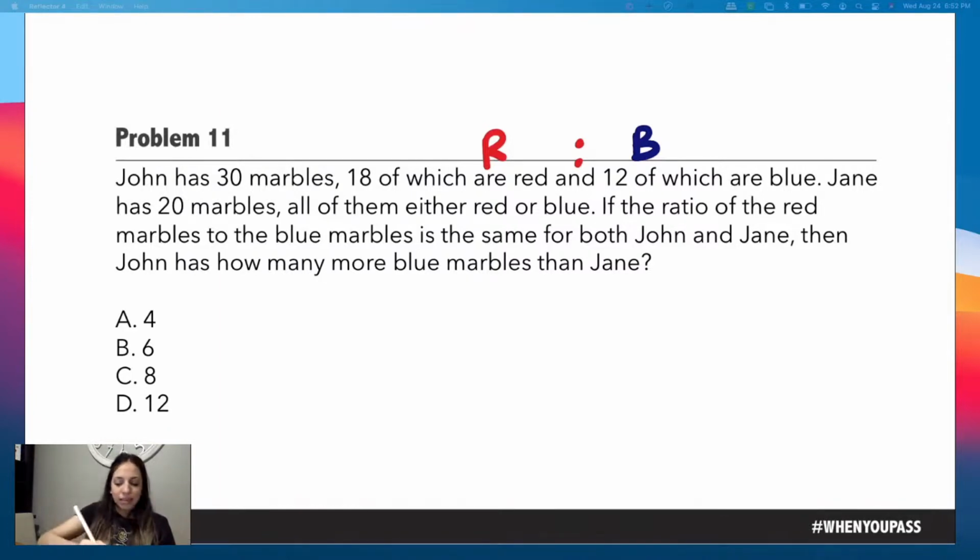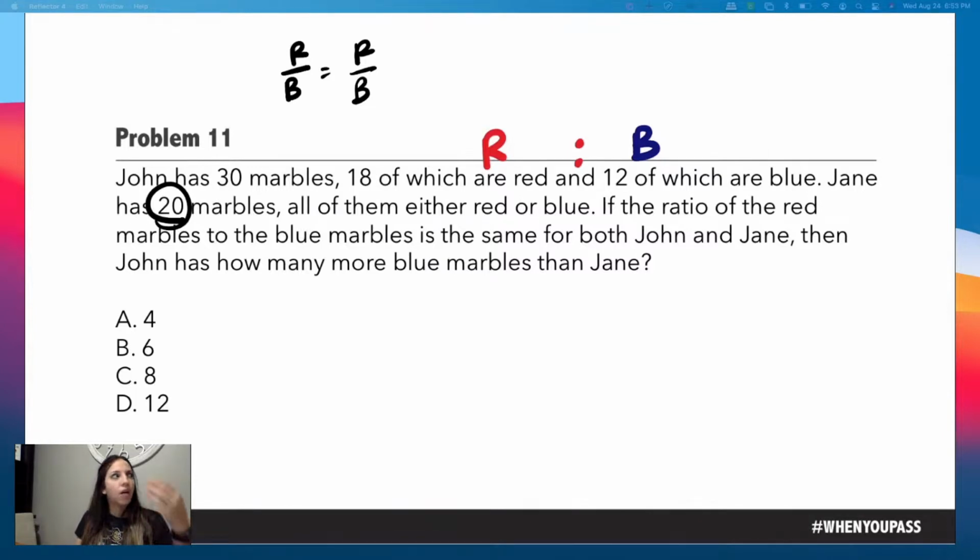So I can't set up a proportion of red over blue equals red over blue, because the only thing I know about Jane's marbles is that she has 20 of them, which is her total. So I have to set up a ratio of red and total, or blue and total, to red and total or blue and total.